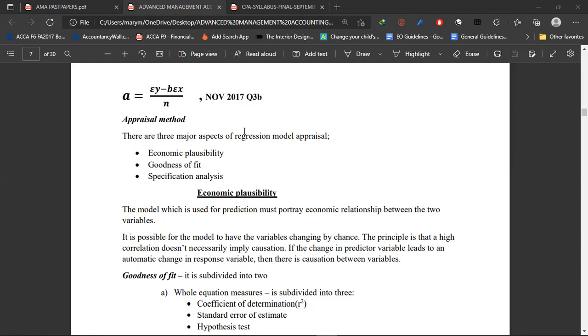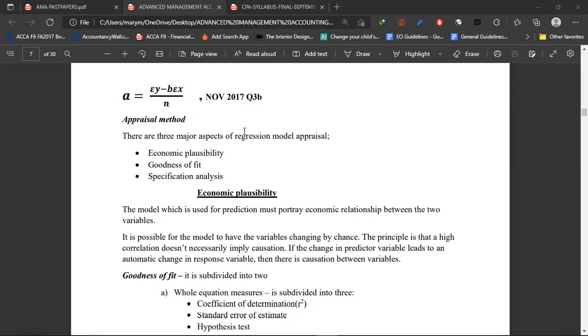Maybe we shall pull our socks up and start doing from 2012 upward up to date to determine whether we understand the concept of the learning curve. Then after finalizing this topic, if we have time, we shall start another topic, decision theory, and we shall see where we reach today.